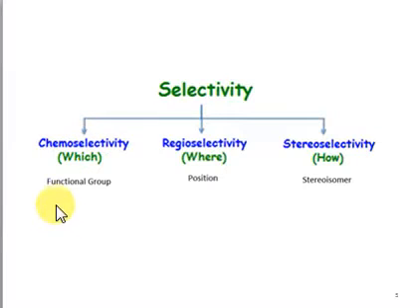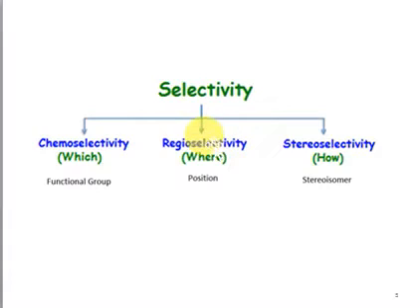It means that you have two or more functional groups available and your reagent is preferring one of the functional groups, right? So it means which of the two functional groups will react. Chemoselectivity is about the preference of the reagent for a particular functional group.